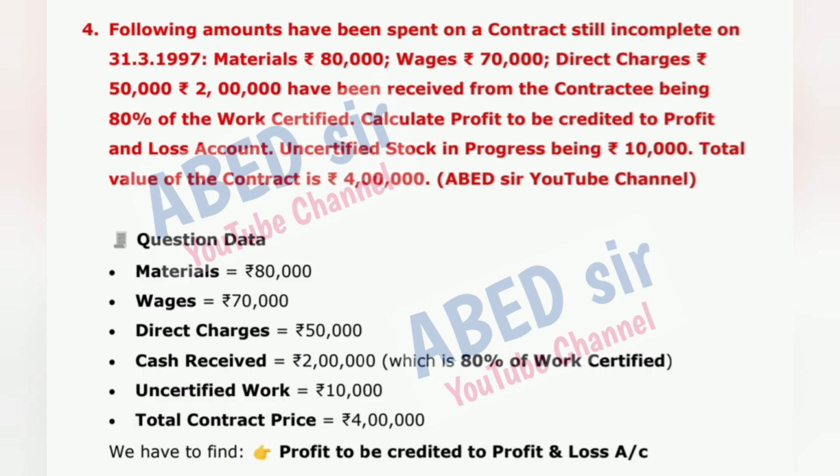Direct charges is equal to 50,000 rupees. Cash received is equal to 2 lakhs rupees, which is 80% of work certified. Uncertified work is equal to 10,000 rupees. Total contract price is equal to 4 lakhs rupees. We have to find profit to be credited to profit and loss A/c.